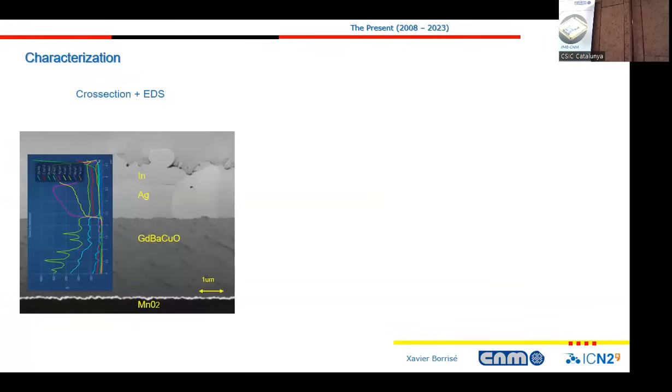And as a characterization, as I mentioned, we put new detectors with the system. One is the EDS detector. Here is an example that it's not only point spectra or mappings. In this case, it's line spectra, which show us the different composition of the materials in this direction.